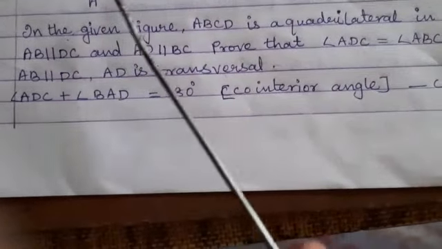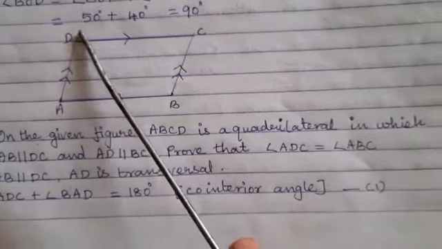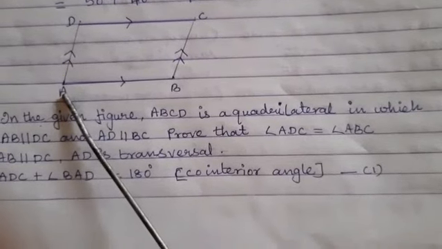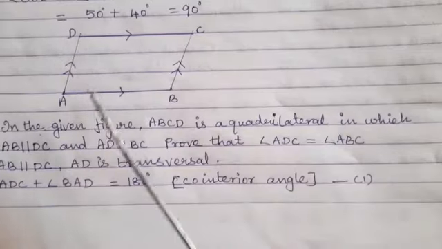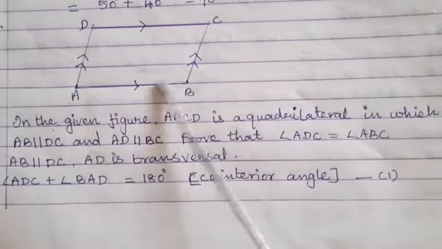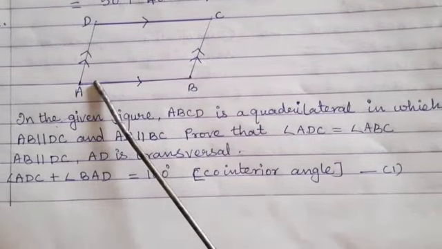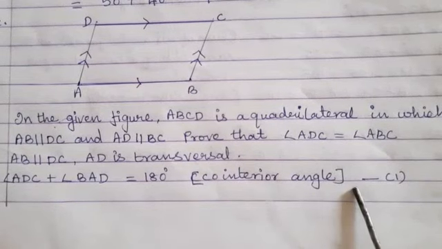So first we will take AB and DC, parallel lines cut by a transversal AD. You know that the co-interior angle sum equals 180 degrees, that is ADC plus BAD. These two angles are co-interior angles, whose sum equals 180 degrees. We will write it here first.